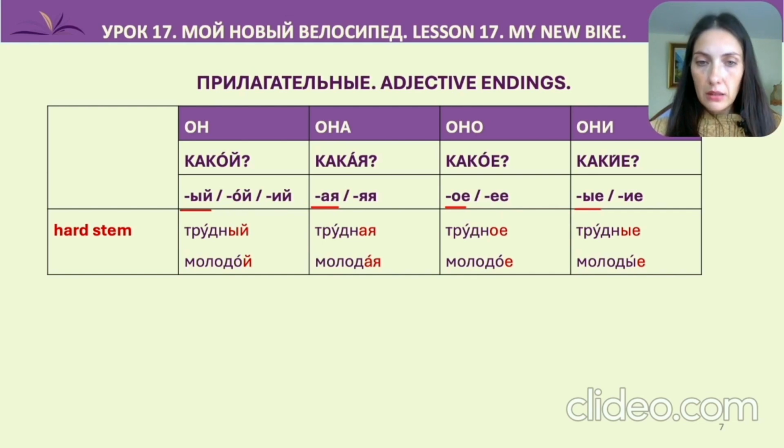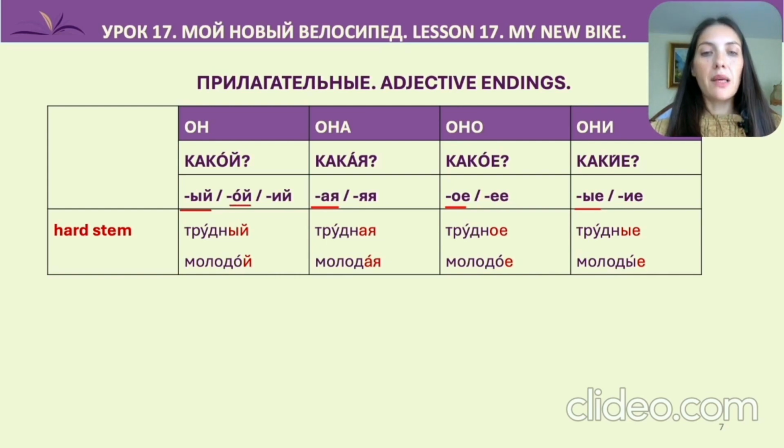Here we have a second example. It's a little bit different. Молодой, young. Молодой человек, young man. Молодой, молодая, молодое, молодые. You see that the endings here are all the same except the one for masculine. It has ой, not ый. Why so?